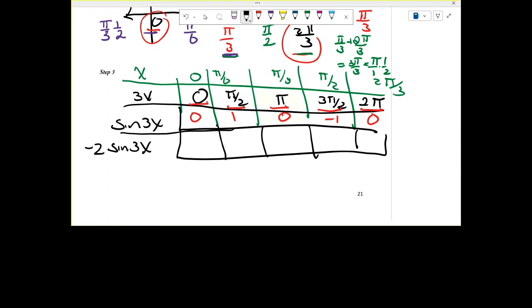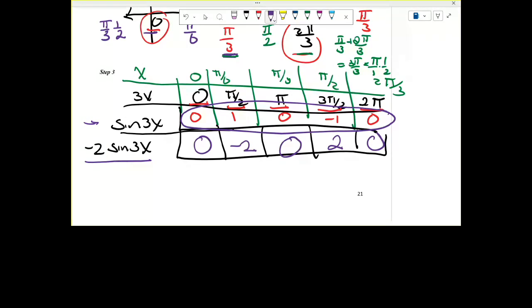The only thing that's different from this line to that line is we have to multiply the numbers we had right here by negative 2. 0 times negative 2, still 0. 1 times negative 2, negative 2. 0. Negative 1 times negative 2, positive 2. 0 times negative 2, still 0.